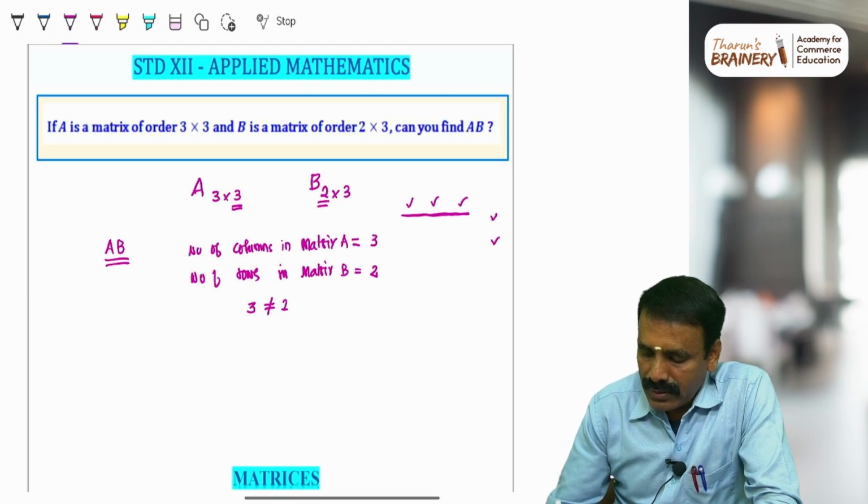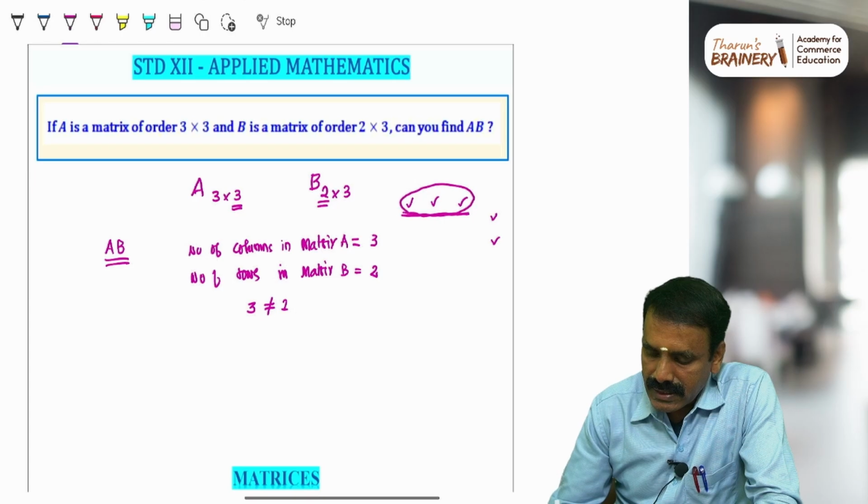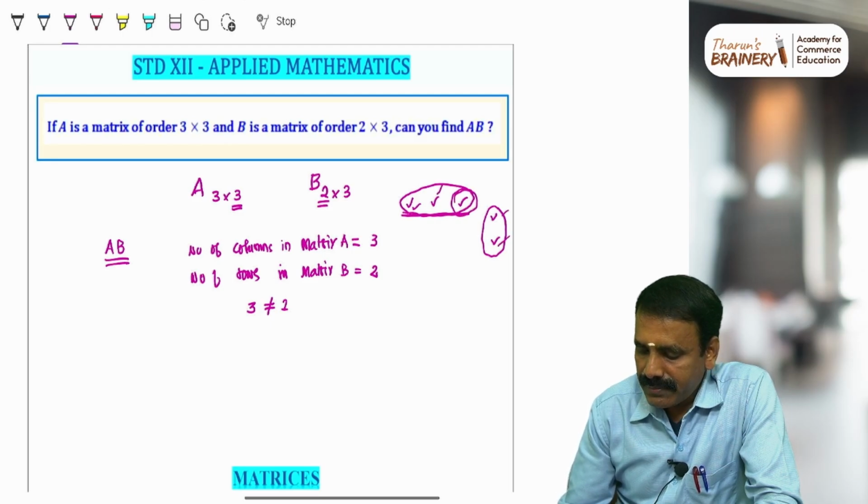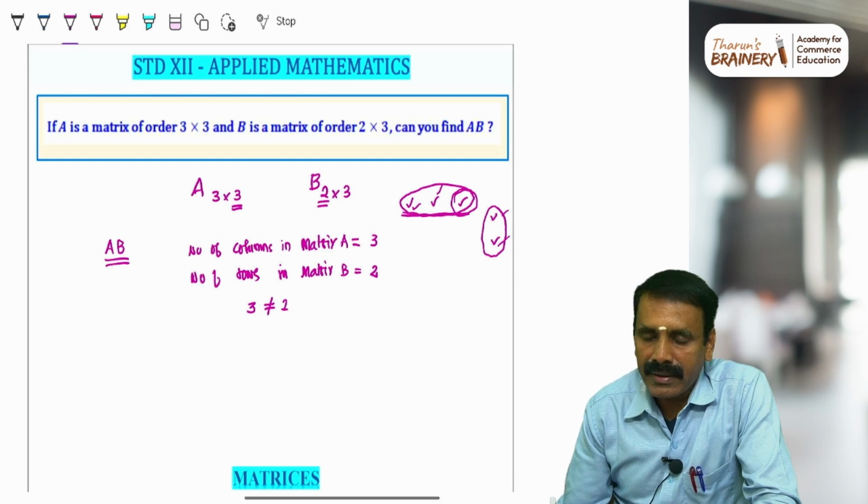If you start multiplying the first element with the first element and the second with the second, the third element will not have any element to be multiplied.